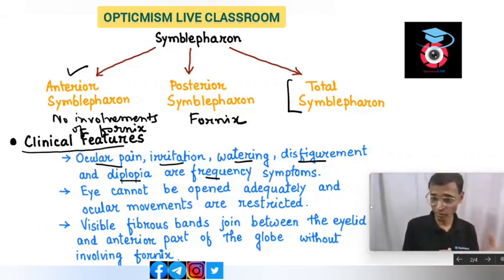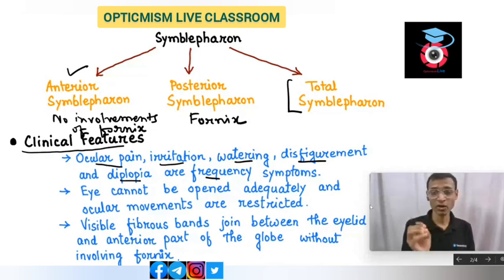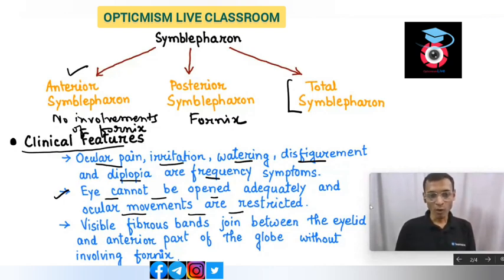There are a lot of causes of deviation of the eyeball, and one important cause is restriction of eyeball movement, which is also caused by symblepharon. The next clinical features are that the eye cannot be opened adequately and ocular movements are restricted, so we can understand why diplopia occurs in symblepharon, right?